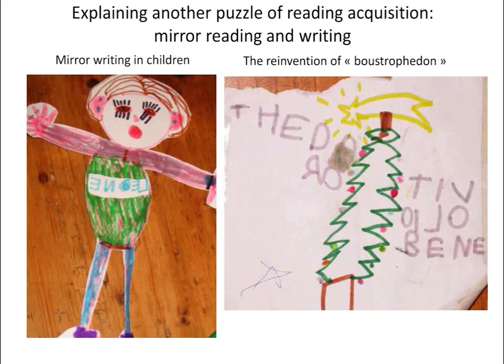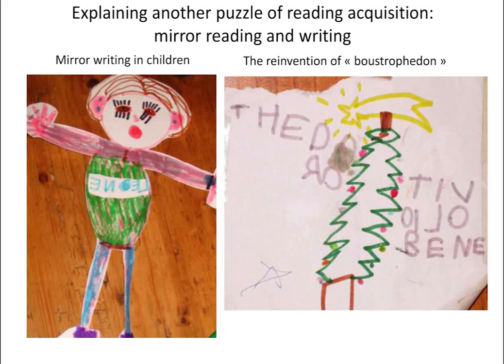So one line is from left to right, another line is from right to left, with some mistakes in between. It's quite amazing that a child has reinvented what is called in the history of writing boustrophedon. Boustrophedon was used in a culture of ancient Greece.